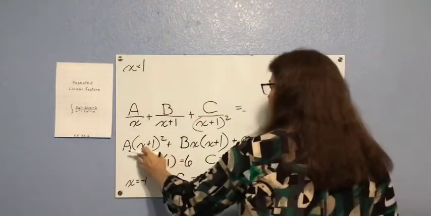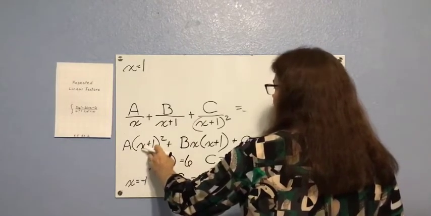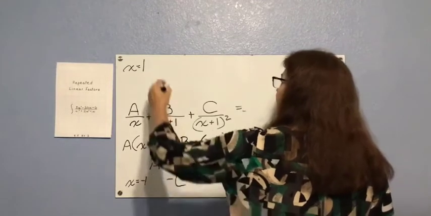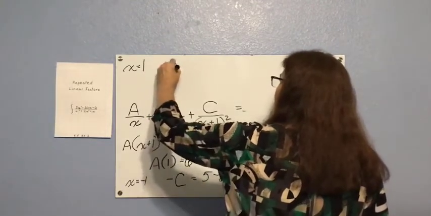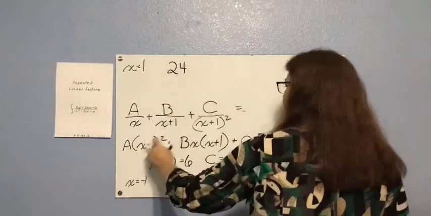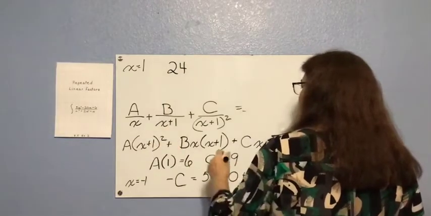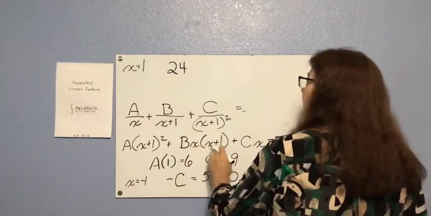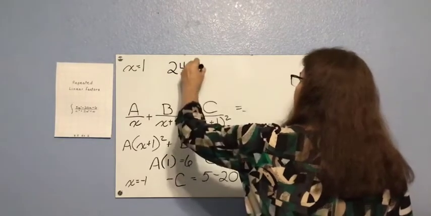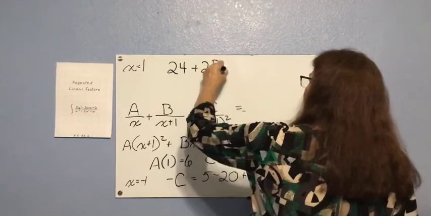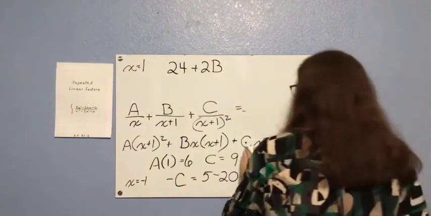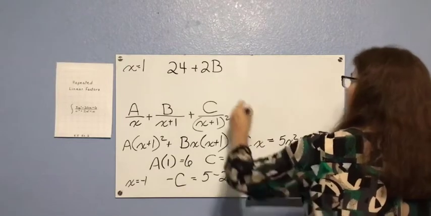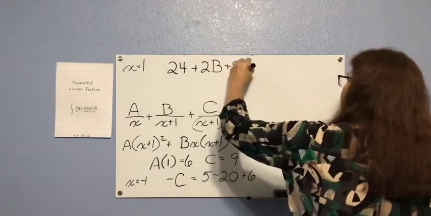Okay, so in this case, I'm going to have 1 plus 1 is 2, squared is 4 times the value of 6. So that's going to be 24 for this term. In this term, I'm going to have b times 1 times 2, so plus 2b. And then c times 1, well, c was 9, so that's going to be plus 9.